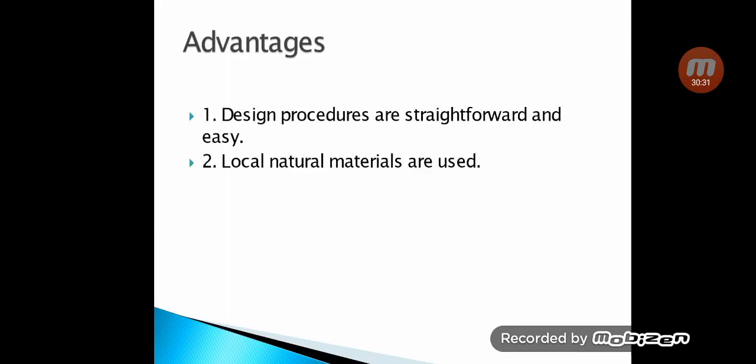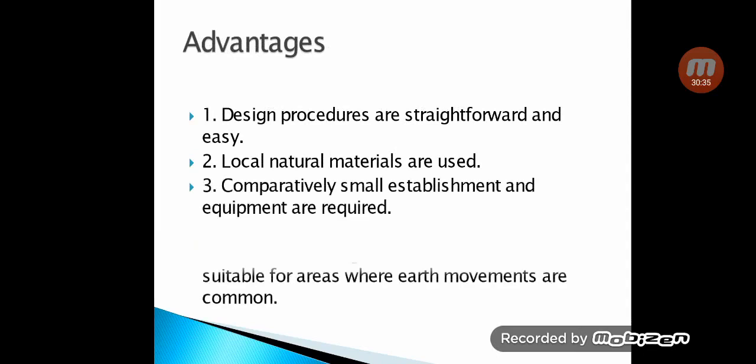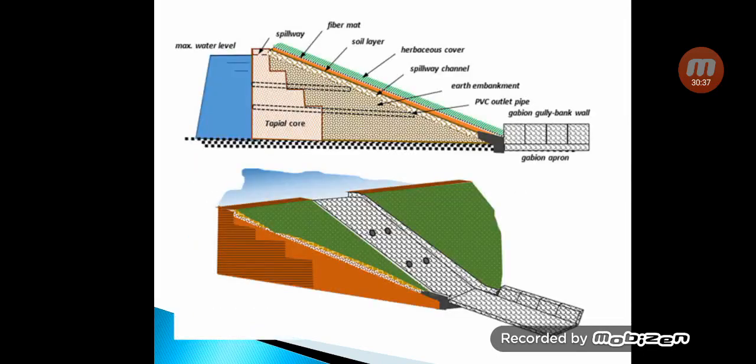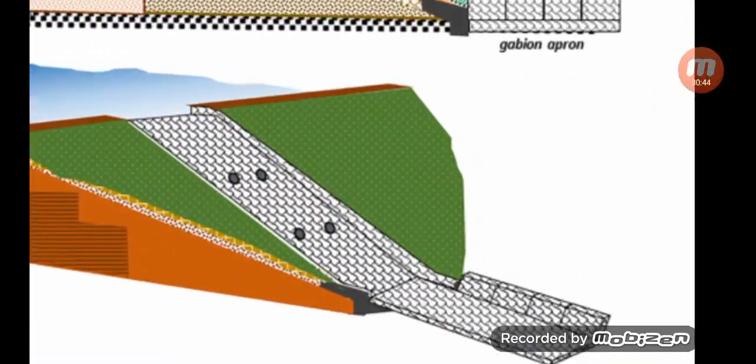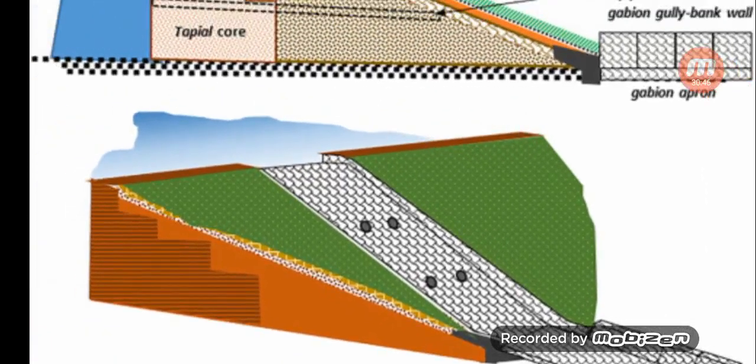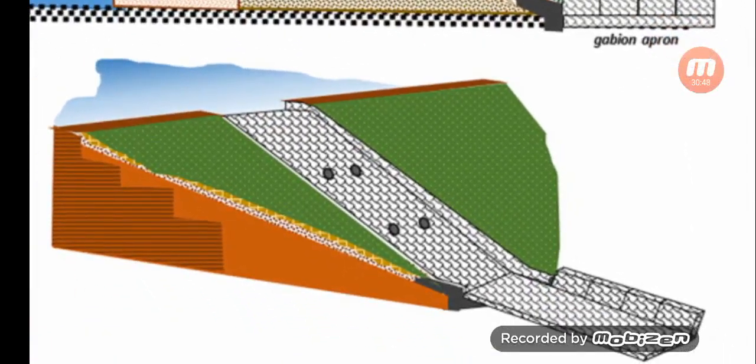These are not very difficult to grasp, so you can go through it. This is the typical earthen dam, similar to the drop spillway. The difference is this is built of clay or stone or bricks. That's the only difference.